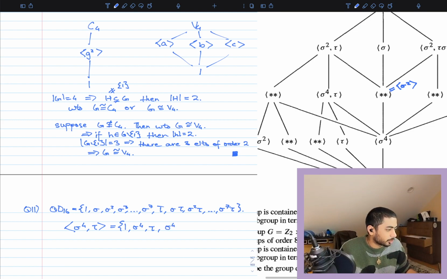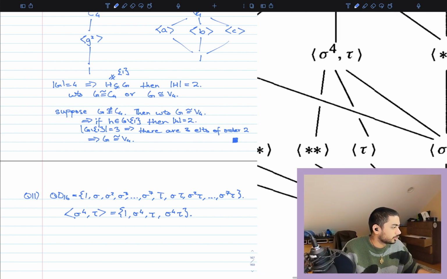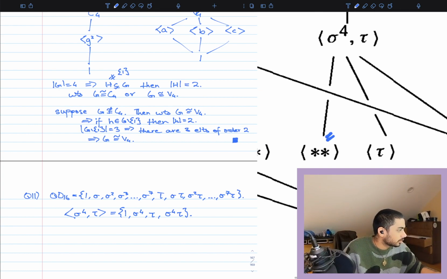So sigma to the 4 tau, which is also an order 2 element, which means that this guy is equal to sigma to the 4 tau.